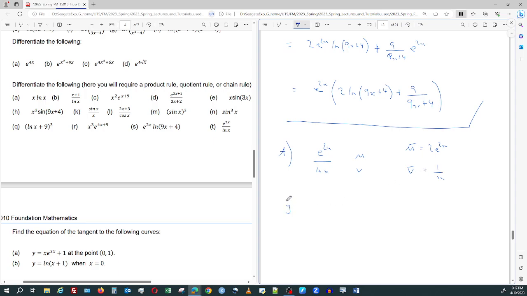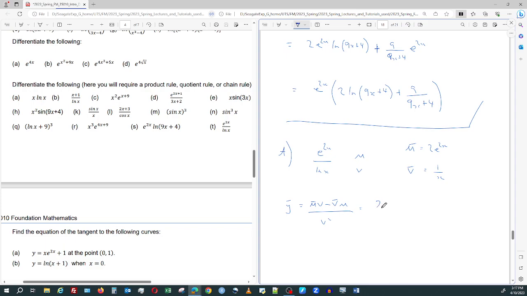So y dash, or the derivative of the quotient, will be u dash v minus v dash u, over v squared.